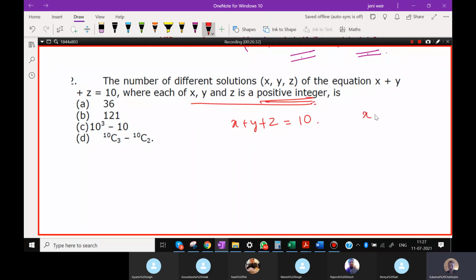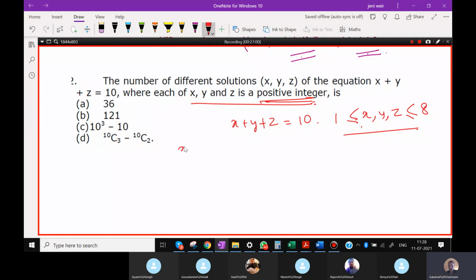That means all three numbers have to lie between 1 and 8, because if I take 9 as one of the numbers, then at least one number has to be 0, which is not possible as per the condition.